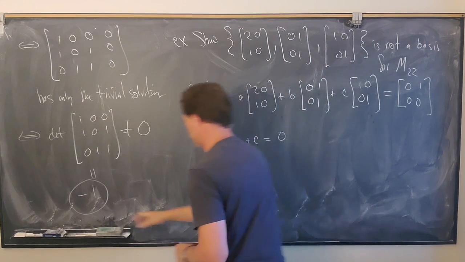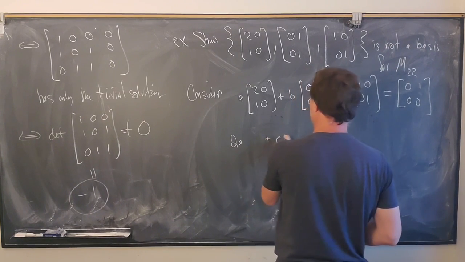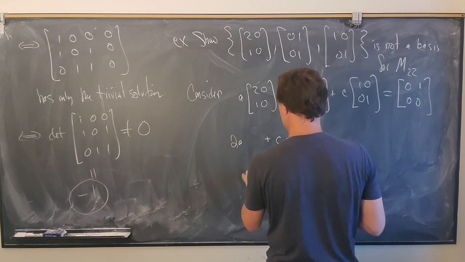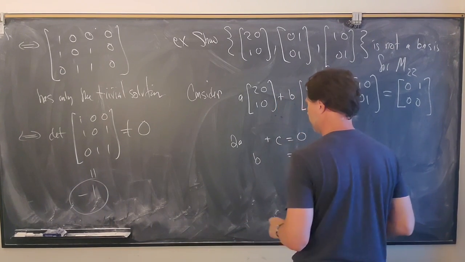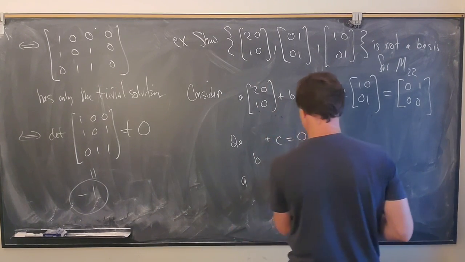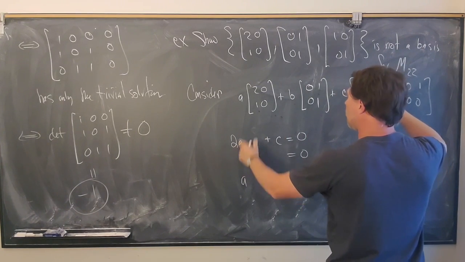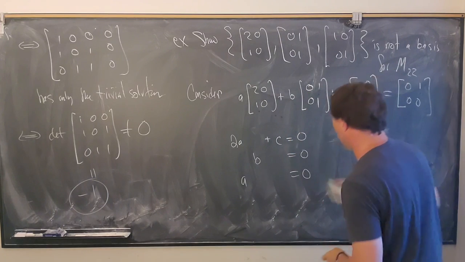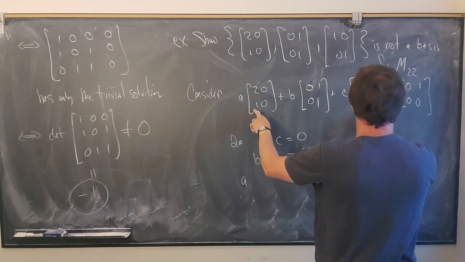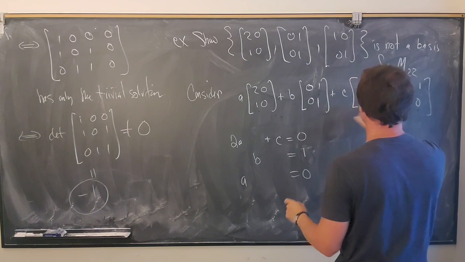The next one, B equals 1. Whoops, sorry about that. And then I'm going to have A equals 0. And then for the bottom corner here, it's going to be B plus C equals 0.